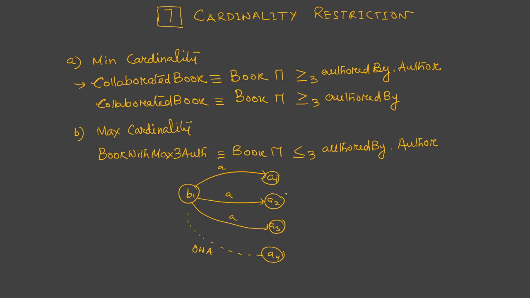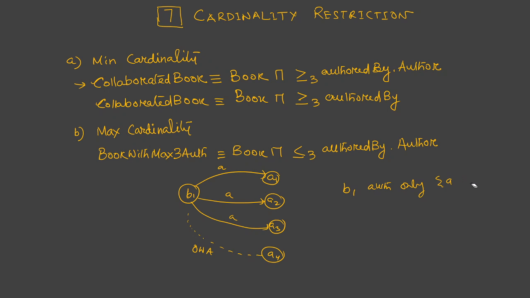In that case, our cardinality for B with respect to this particular relation would be 4, and this will not be satisfying. So now we'll say that B1 has authors only A1, A2, and A3.